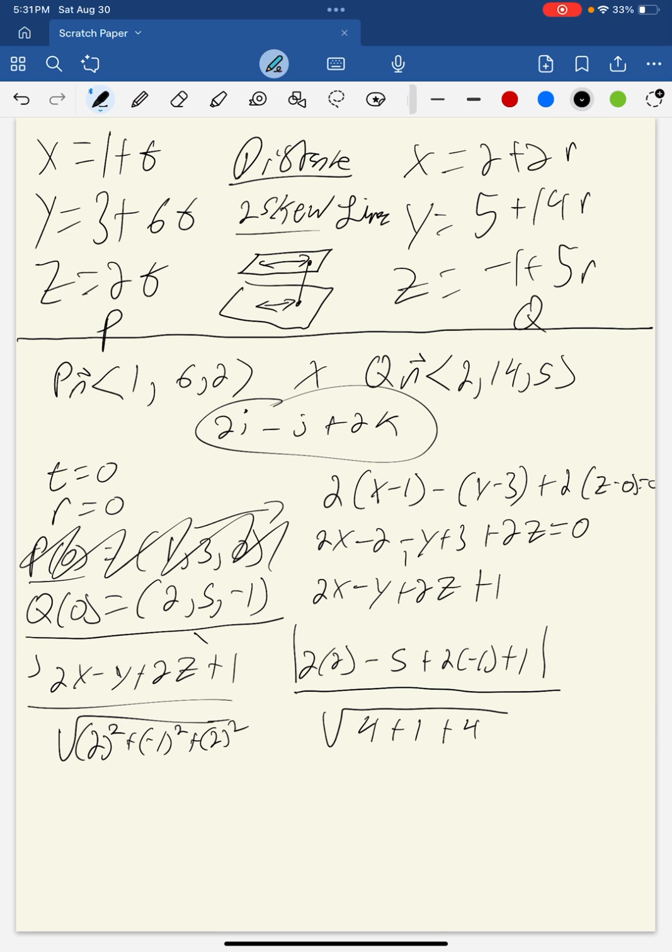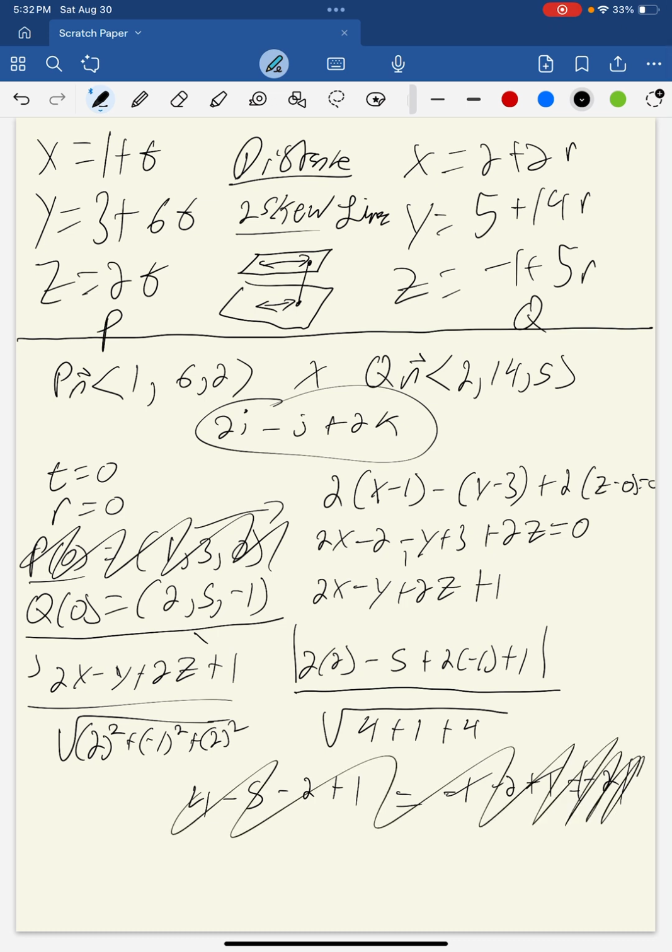But it's simpler if it's negative. So this will be 4 minus 5 minus 2 plus 1, which is equivalent to negative 1 minus 2 plus 1, which equals negative 2, absolute value.